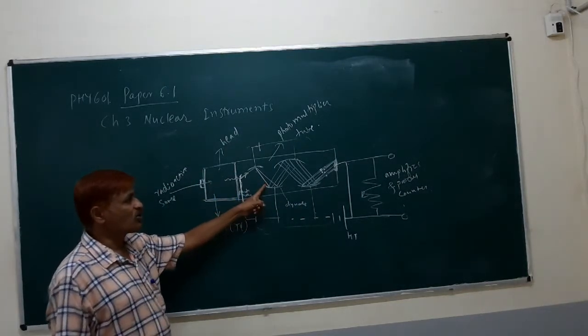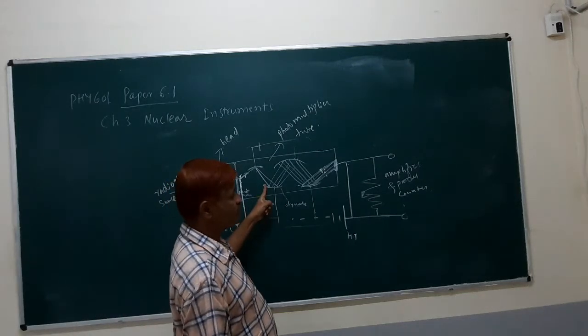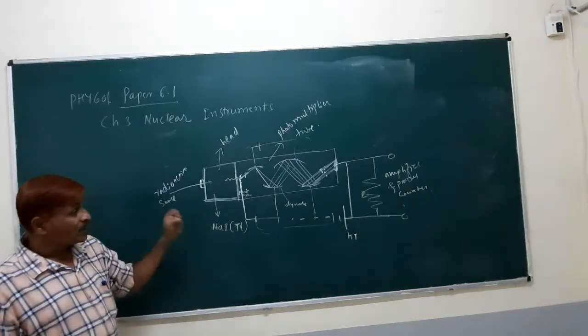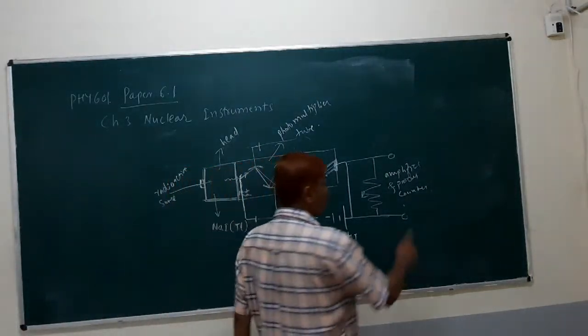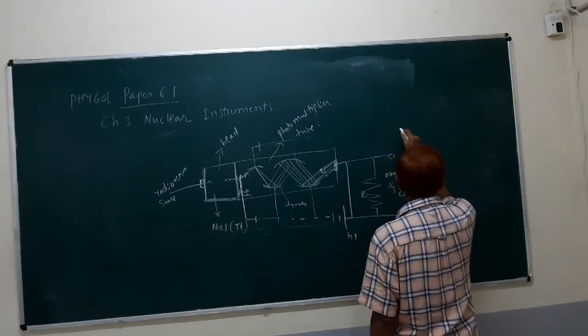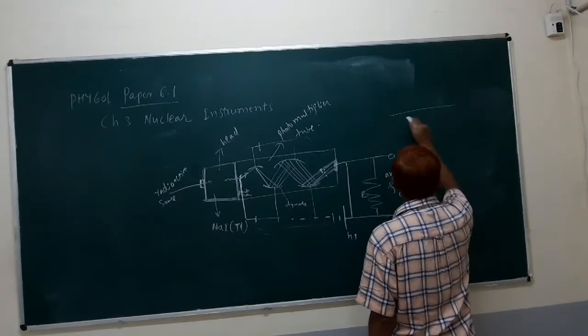This is called the photomultiplier tube, and the advantage of the scintillation counter is the voltage pulse produced here. This is the type of voltage drop we get.